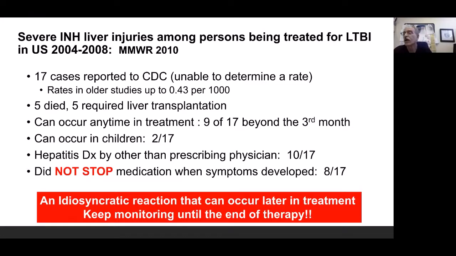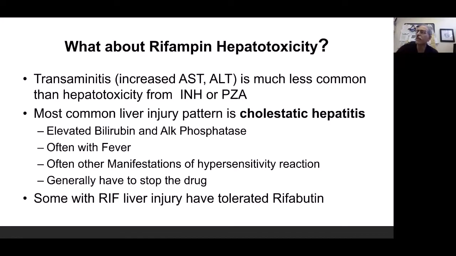All right, now we talk a lot about hepatotoxicity from isoniazid and pyrazinamide that occurs less commonly with rifampin. But when it does occur, the pattern is a little bit different. It is typically what we call a cholestatic pattern, meaning the bilirubin and alkaline phosphatase go up more than the transaminases, and often is associated with fever and other manifestations of hypersensitivity.